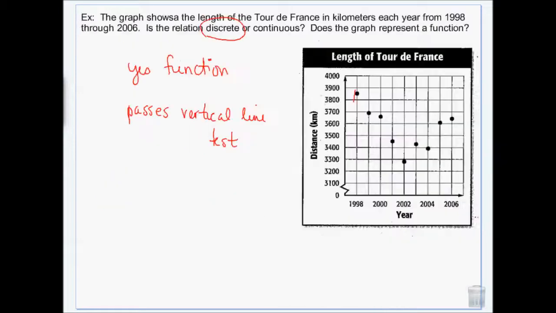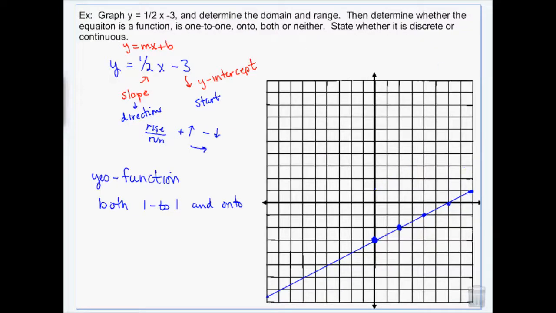So if you graph y equals the square root of x and make it a function, I'm going to only graph the function part. I get a graph that looks like this.